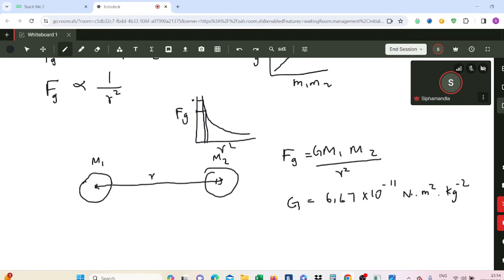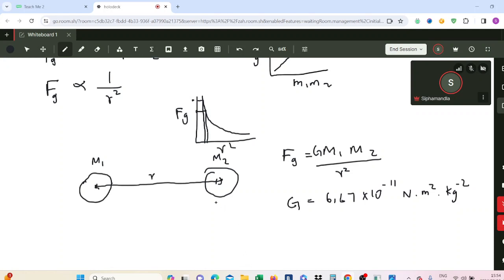The distance I want you to understand is the distance between their centers, this r, and this is the mass of the first body and this is the mass of the second body.